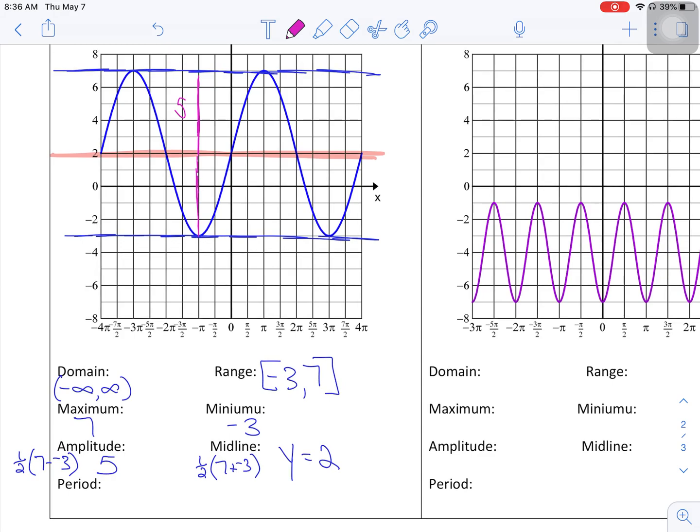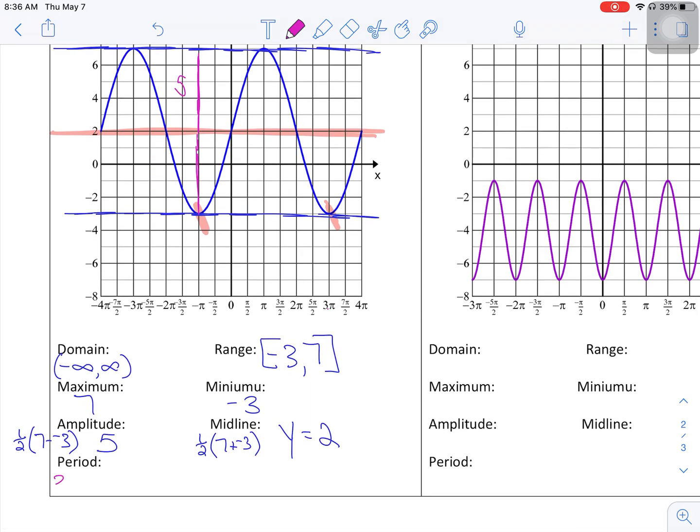And last but not least, I'm looking for the period of this function. And there's a couple ways to do this. I'm actually going to go, I will do minimum to minimum. So minimum here to minimum here. And let's see, this minimum is 3 pi. Let me put this down here.